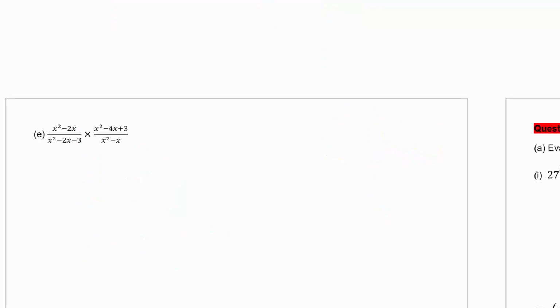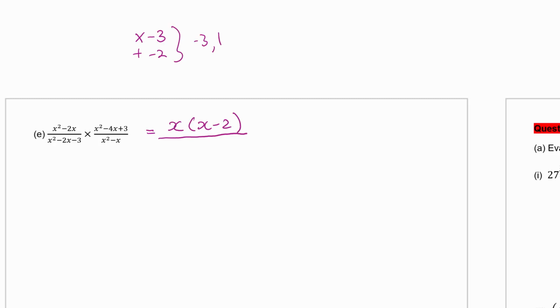Now finally, we have this one here. Now if I factorize everything, I've got x minus 2. x squared minus 2x minus 3, so we need to multiply to give negative 3, add to give negative 2.